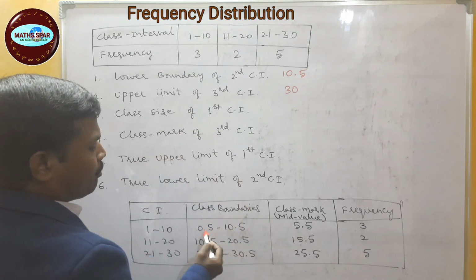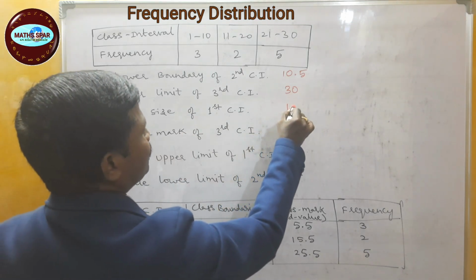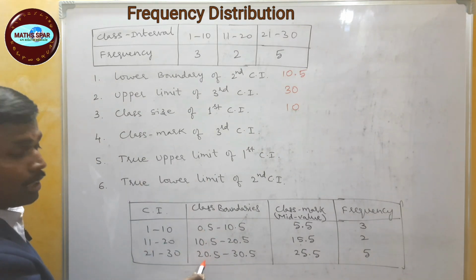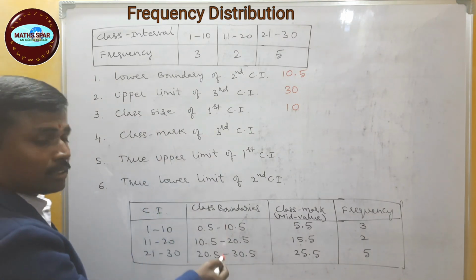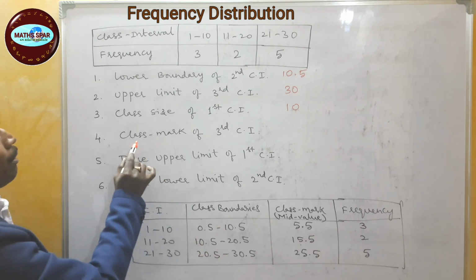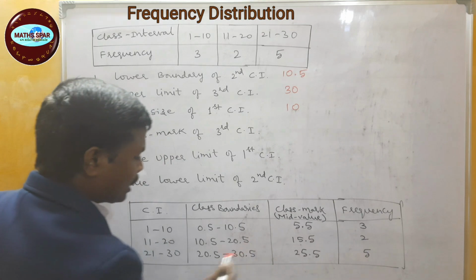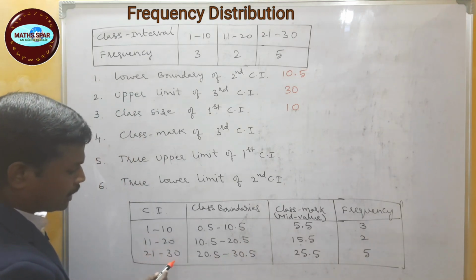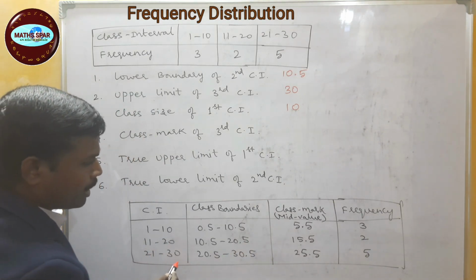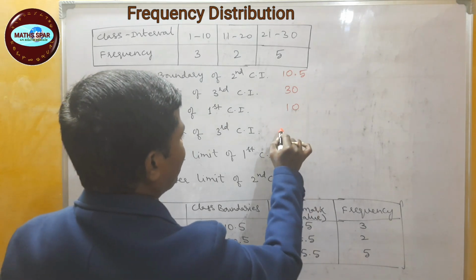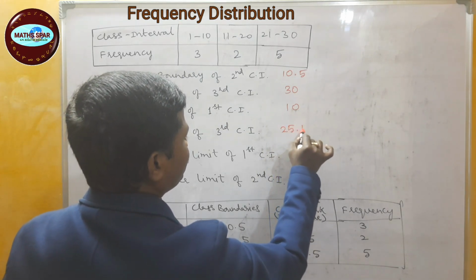So 10.5 minus 0.5 is 10. For any class interval, the class size remains the same in this table. Now the class mark of the third class interval. The third class interval is 21 to 30, and its class mark is 25.5.